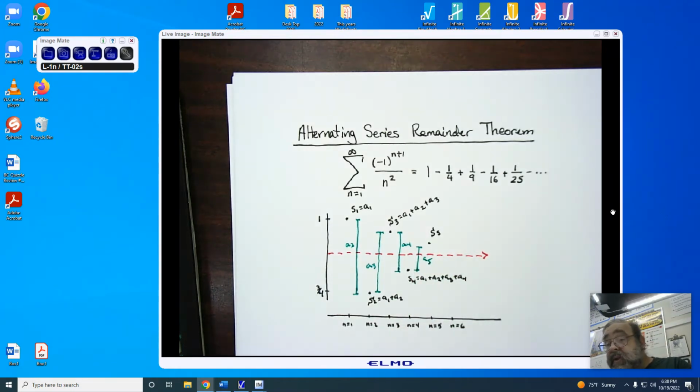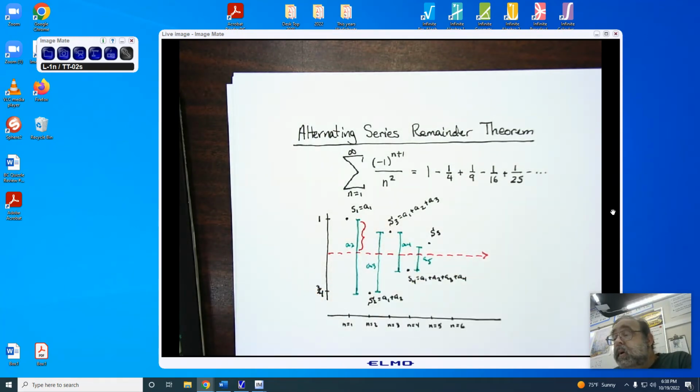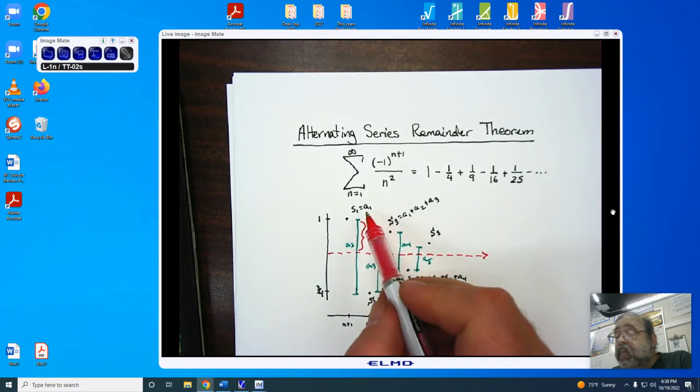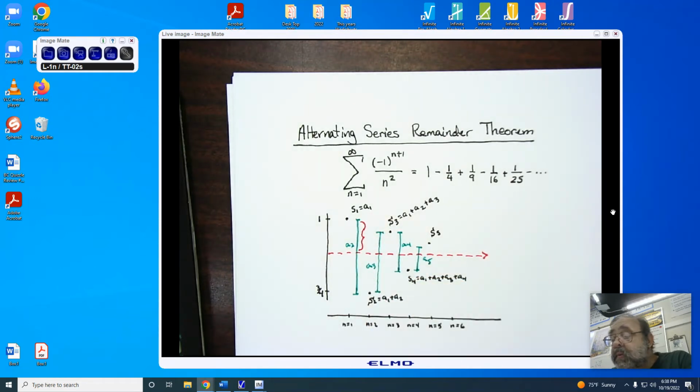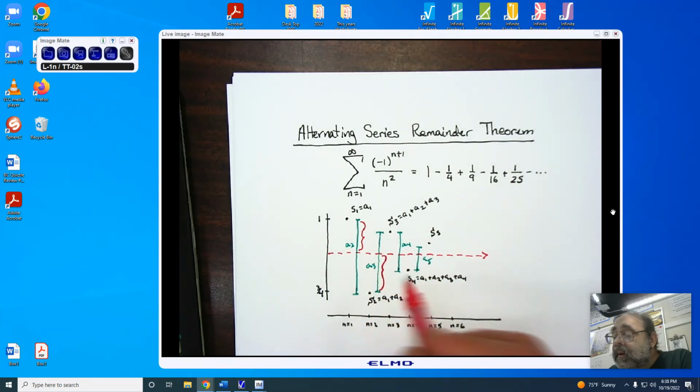Do you notice anything special? How about the error between the partial sum and the actual amount? That error is right here. Do you see that the error for S sub 1 is less than a sub 2? The error between S sub 2 and our total sum is less than a sub 3.